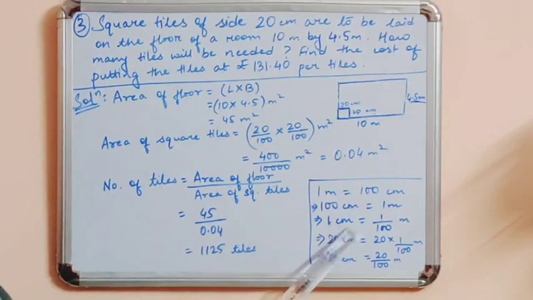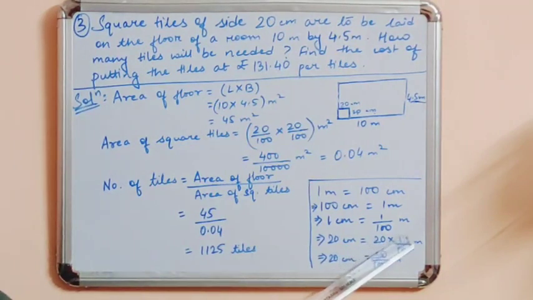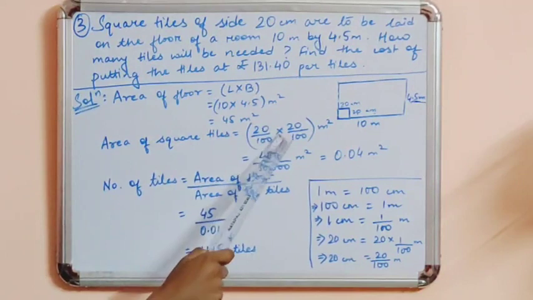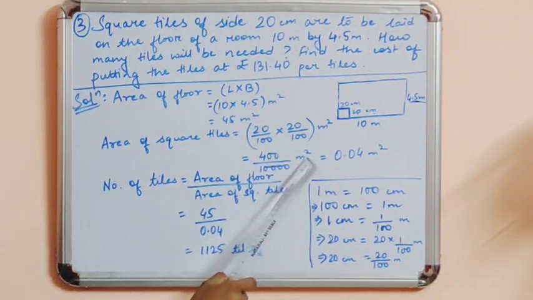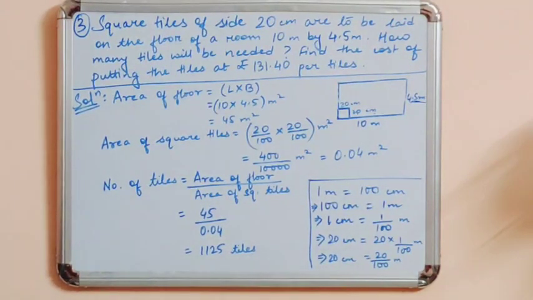From here we can write 1 centimeter is 1 by 100 meter. So 20 centimeter will be 20 into 1 by 100 meter, that is 20 by 100 meter. If we take this in the formula of area of square, we get 20 by 100 into 20 by 100 meter square. That is 400 by 10,000 meter square, which is equal to 0.04 meter square.